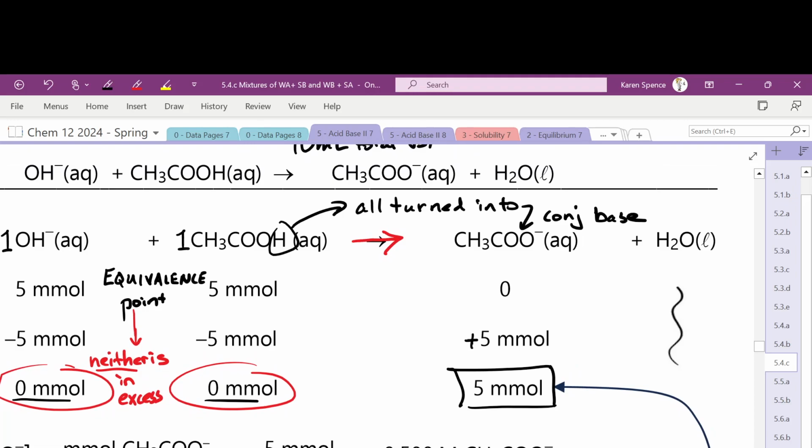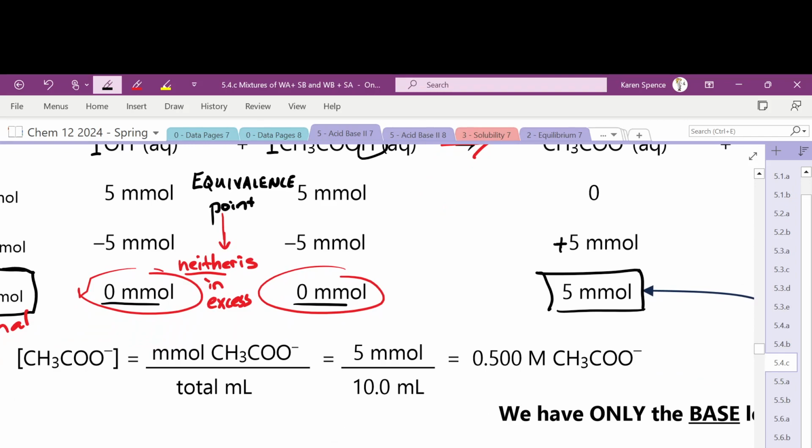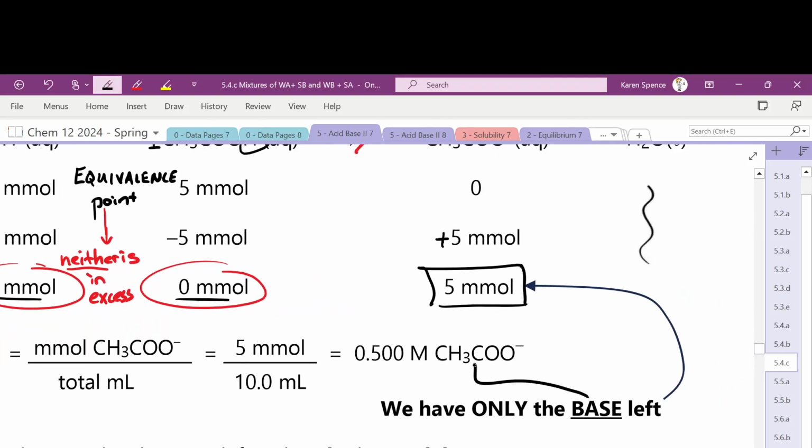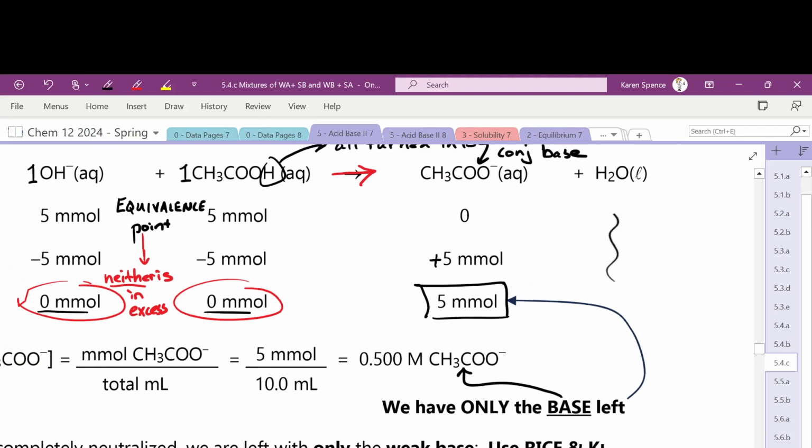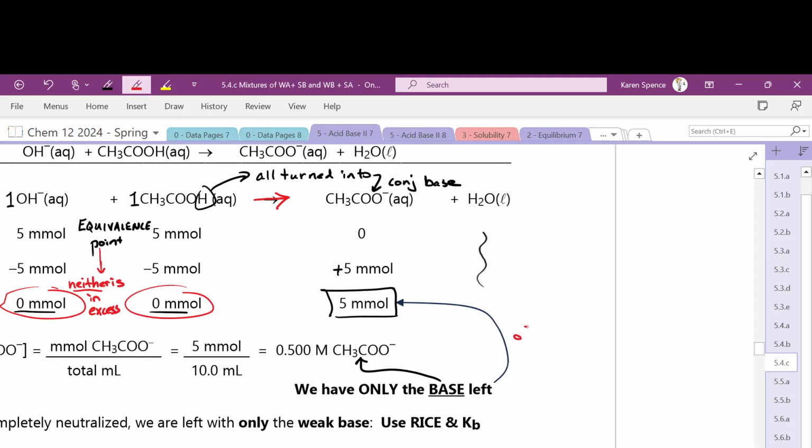All I have left is CH3COO-. And what kind of species is CH3COO-? It is a base. So would you expect this solution to be acidic, basic, or neutral? Basic, yeah? So this is the base, and therefore the solution will be basic at the equivalence point.